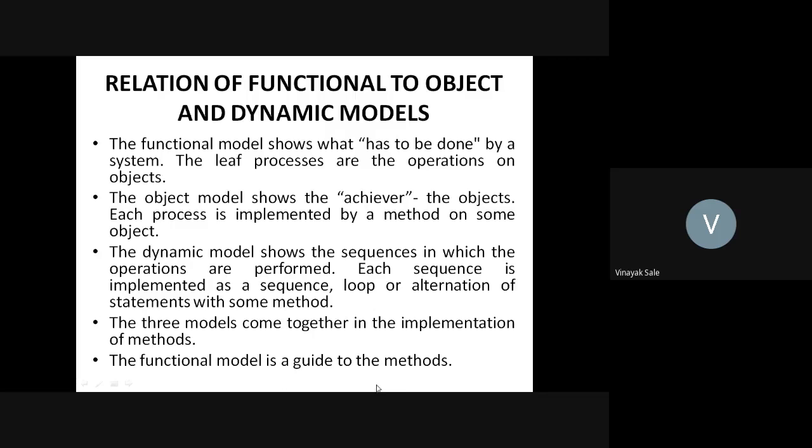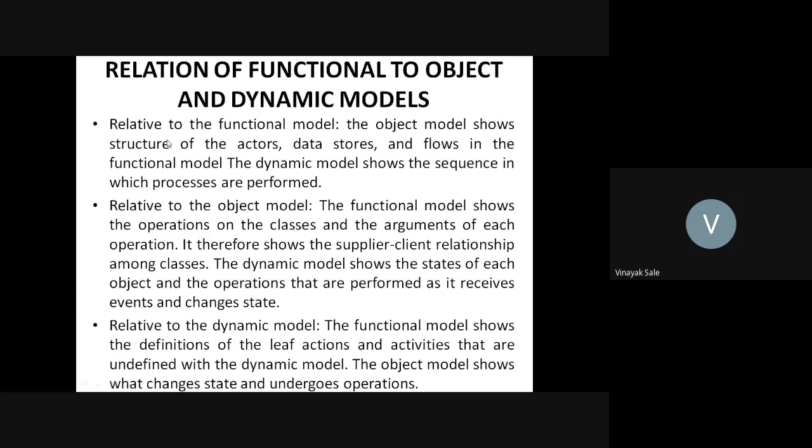The functional model is a guide to the methods. Relative to the functional model, the object model shows the structure of actors, data stores, and flows. Relative to the functional model, the dynamic model shows the sequence in which processes are performed.